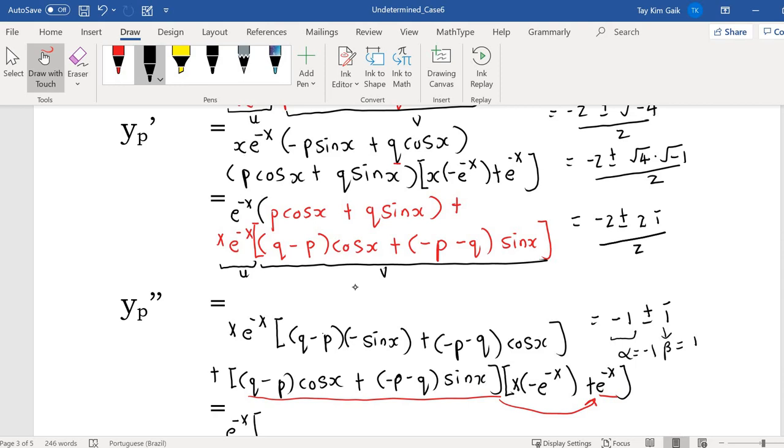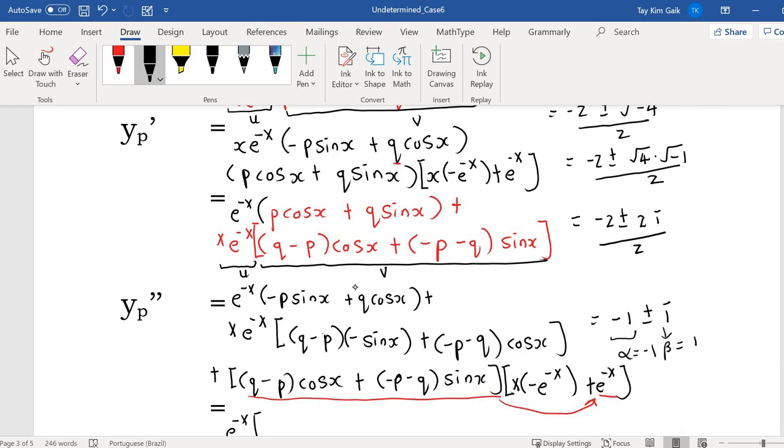For the first line, u is exponent negative x, and then you differentiate this one. Differentiate p cos x is negative p sin x, plus q cos x, and then plus this.